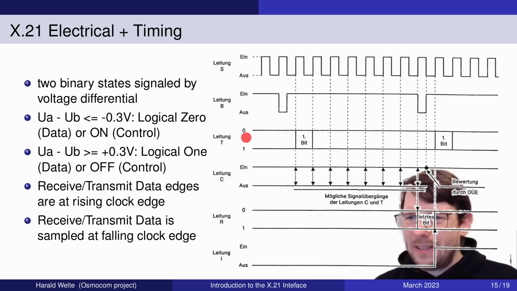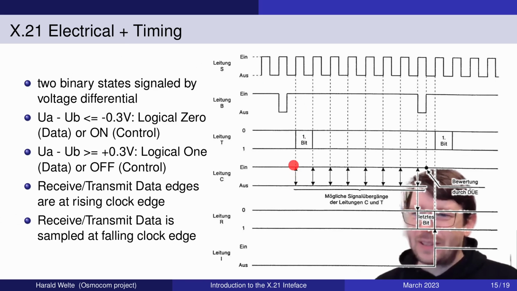Here we have the T line, the transmit, from the first bit to the last bit, and again the first bit next. And here we have the control and other lines, and these arrows indicate that, in this logical view of off and on, at the rising slope you change the signal.